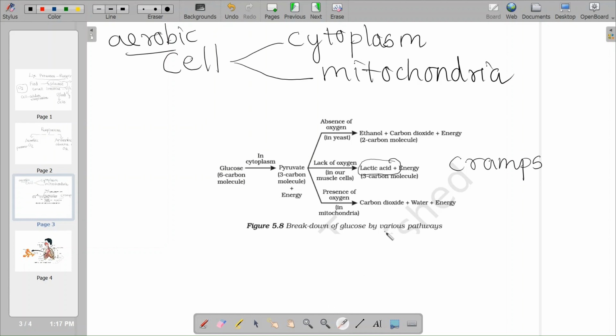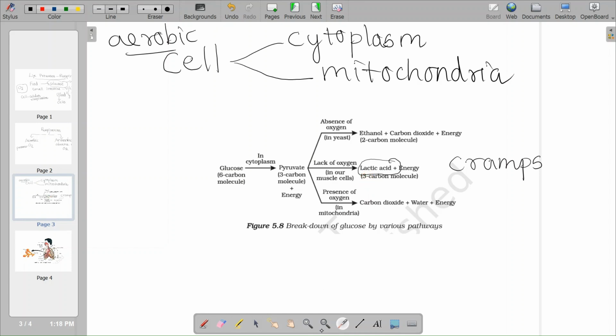Here is the example for yeast: in yeast, it is ethanol, carbon dioxide, and energy. When it comes to bacteria, it is lactic acid and energy, like how it happens in our muscle cells. So in yeast it is ethanol, and in bacteria it is lactic acid.